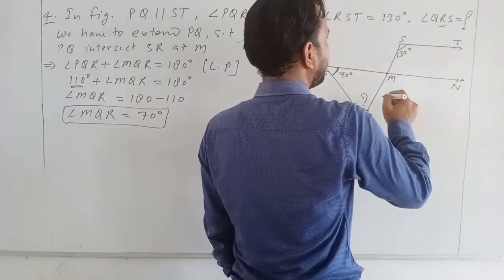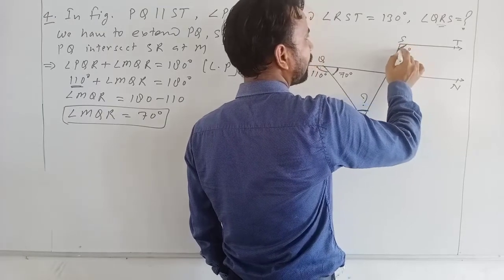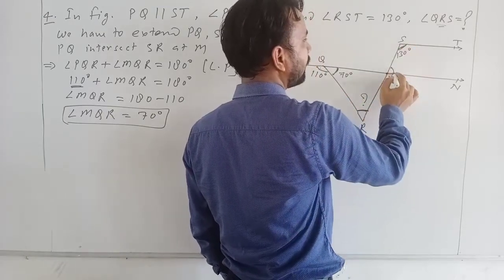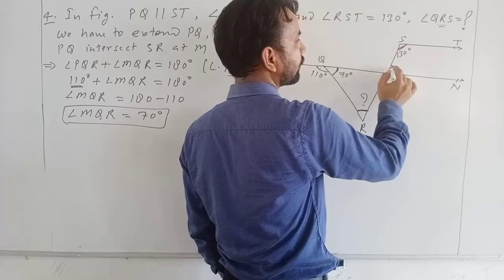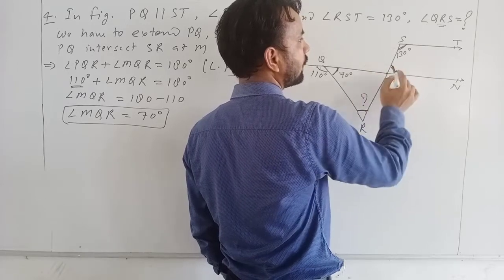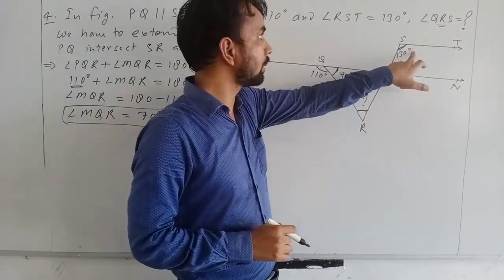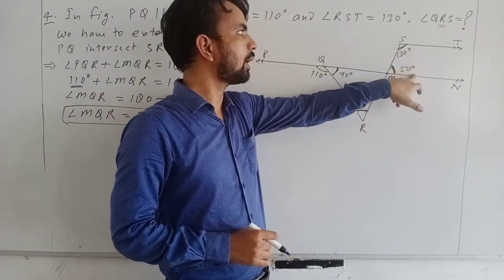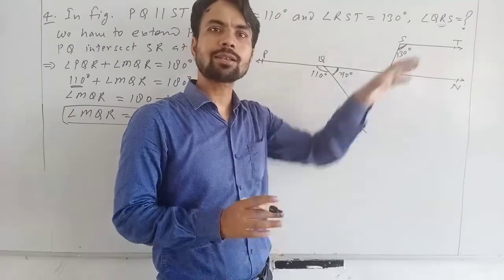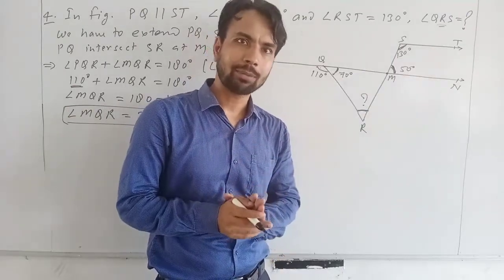Clear? Now see, this angle is 130. Then this angle will also be how much? This will be 50. Why? Because this angle and this angle both are co-interior angles, so their sum will be 180 degrees. Am I right?